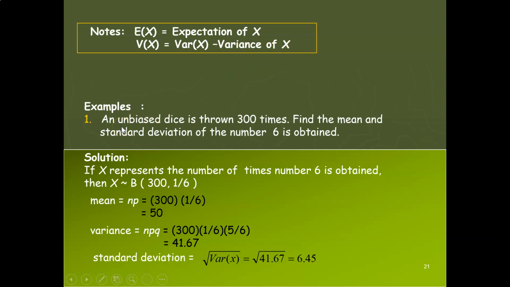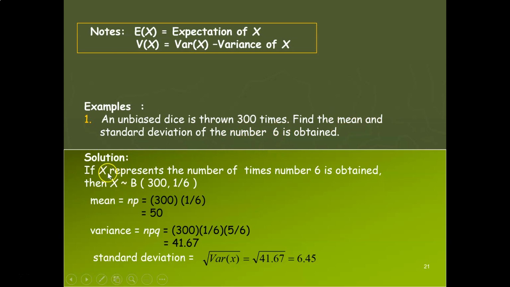Examples, let's see. An unbiased dice is thrown 300 times. Find the mean and standard deviation of the number of 6s obtained. So dadu tu kita lambung 300 kali. You need to find the mean and standard deviation of obtaining 6.